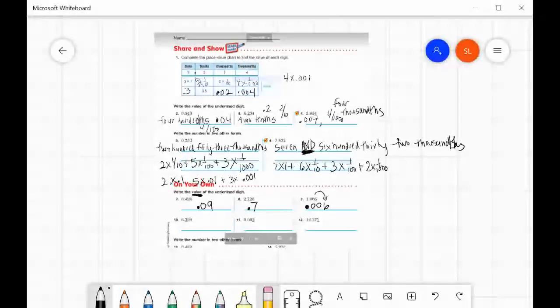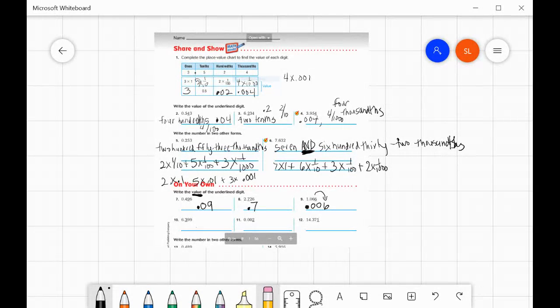And then 10, we have the 3 in the tenths column. So it's just 0.3. And 11, the 2 is in the thousandths column. So it would be 0.002, which is exactly what the whole answer is. And then 12, we have a 1 in the thousandth spot. So this would be worth 1/1,000. And if you did fractions, that is perfectly okay too.